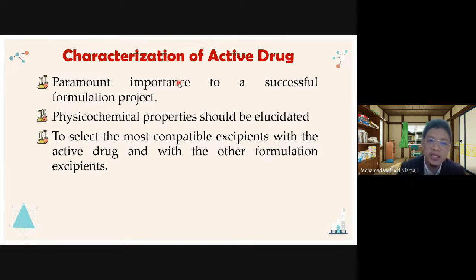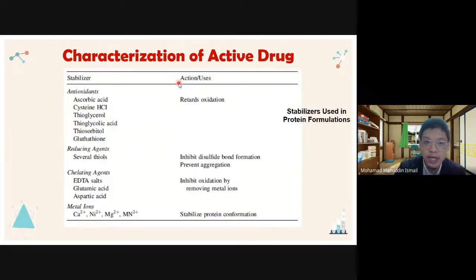So it is important that we first know the properties of the active drug, whether physical or chemical. Both are important for getting as much information as possible about the type of drug we choose.